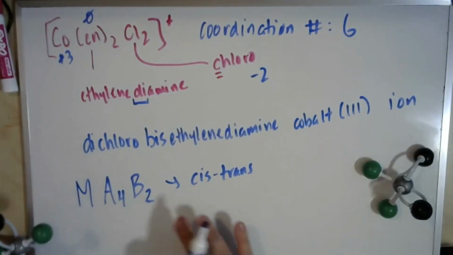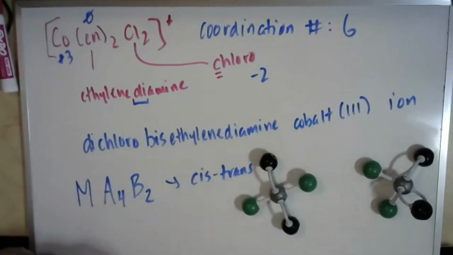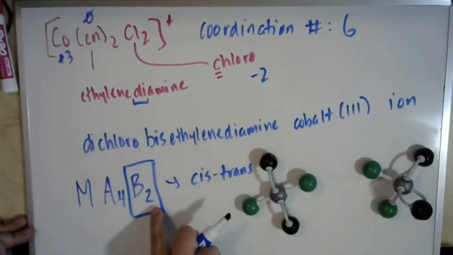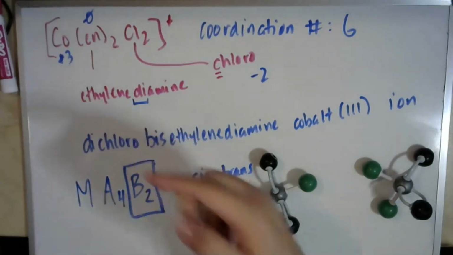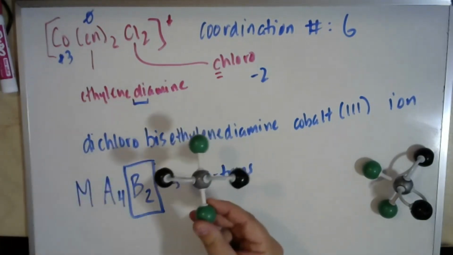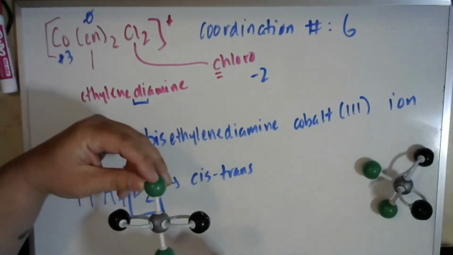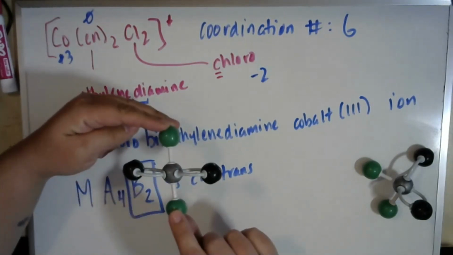Now, cis-trans isomerism has to do with the location of, I like to think of it personally as, the 2 things: whether they're next to each other or across from each other. This is an example of the trans isomer because the 2 chlorines in this case are across from one another.